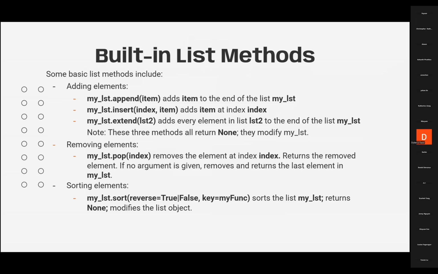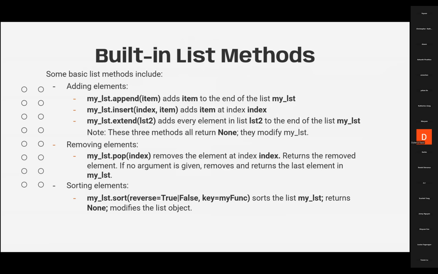Extend means that we add every element in list lst2 to the end of my list, so lst2 has to be a list, with square brackets. These three methods all return None because they modify my list.